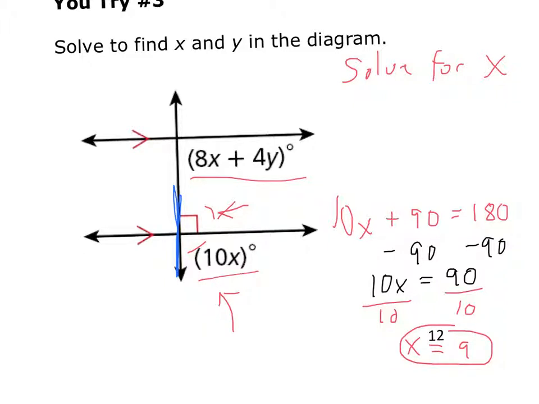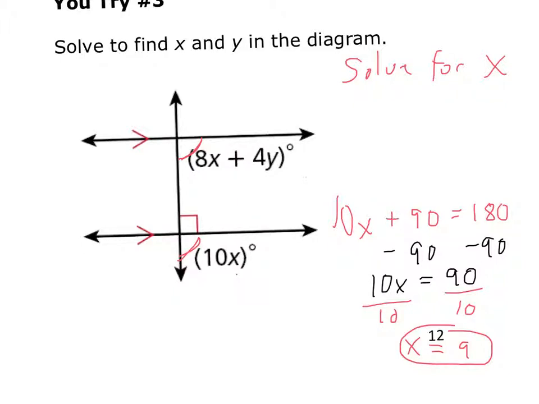Now we need to go back and figure out what your y is. To do that, we have these two equations. Let's do a little bit of erasing here so it's not as messy. We know that these two equations, 10x and 8x plus 4y, are equal because they're corresponding angles.